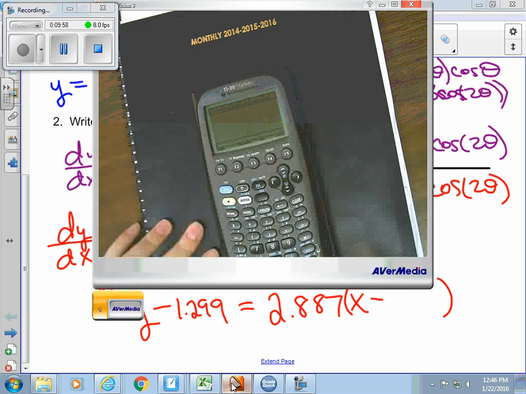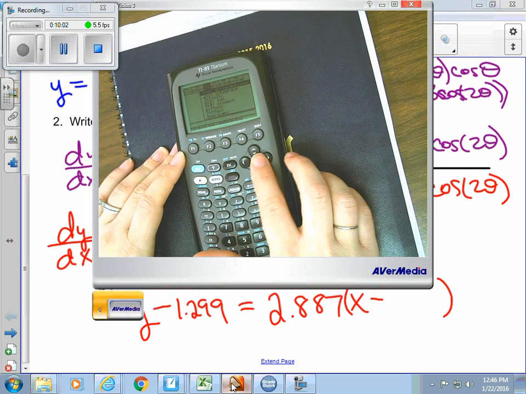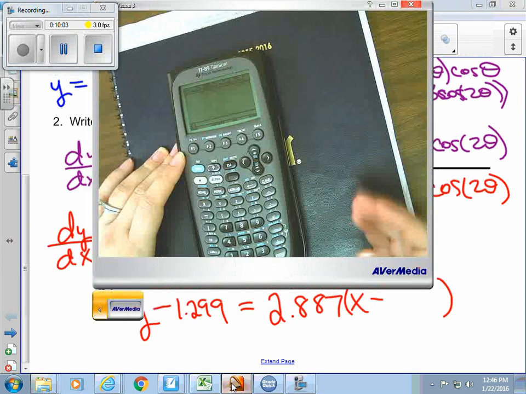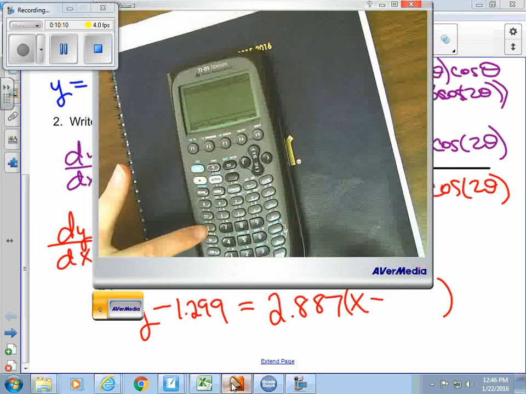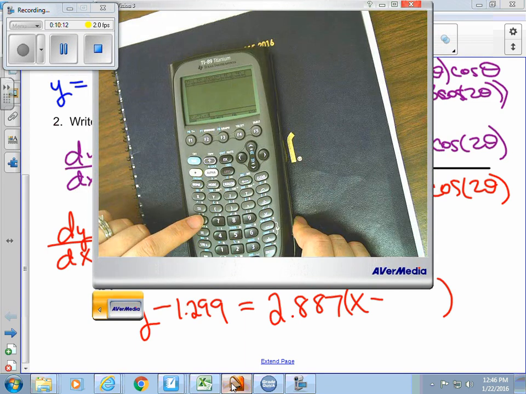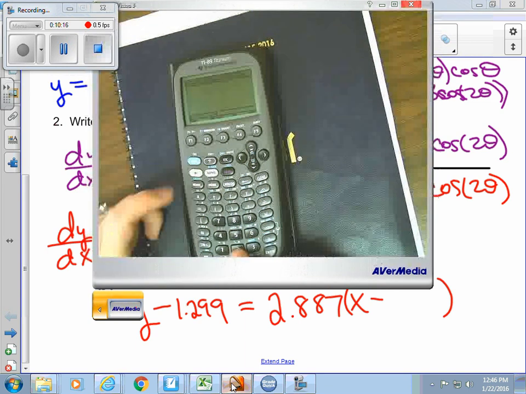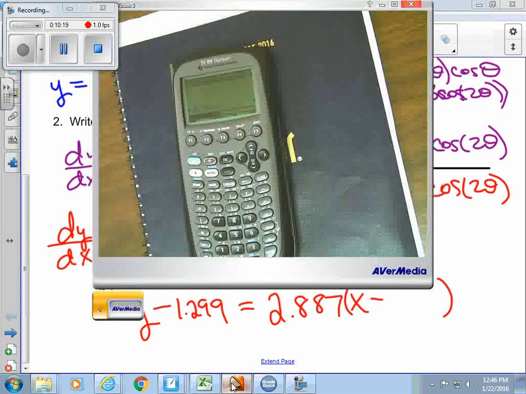So I am not going to do the whole thing, but say you wanted to do the derivative of x squared comma x, close parentheses. After that, if you put the such that bar, x equals 2, it'll do the derivative of x squared at 2.